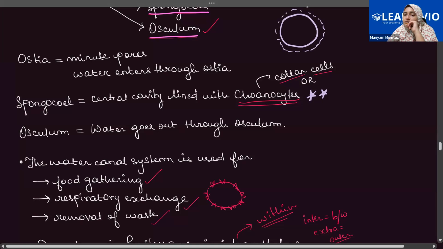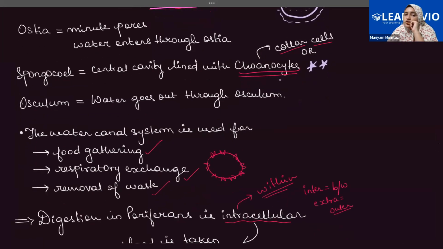If I say that it has been lined by any kind of cell, it is present towards the inner portion. So being lined means present on the inner lining of the cell, of the tissue or the organ. So the spongiocele, which is the central big cavity in them, is lined by collar cells or choanocytes, meaning towards the inner side, they have collar cells present.